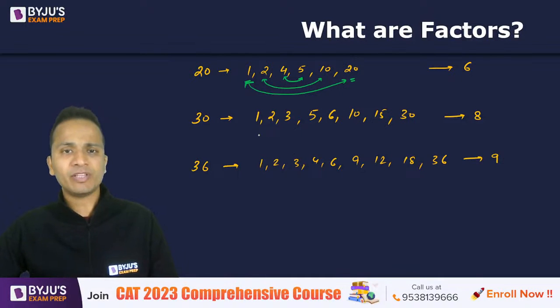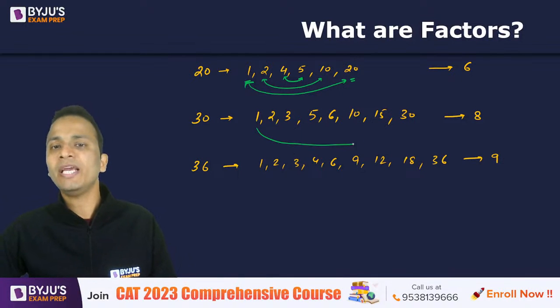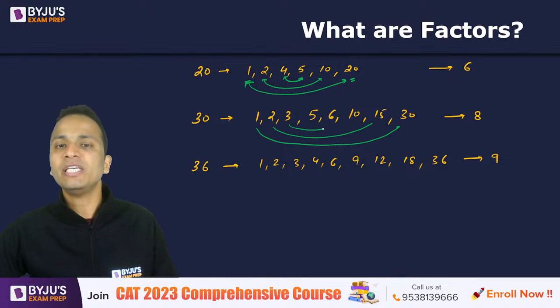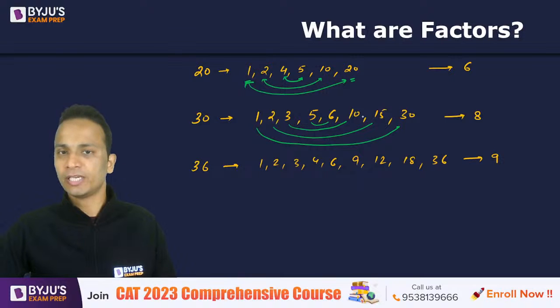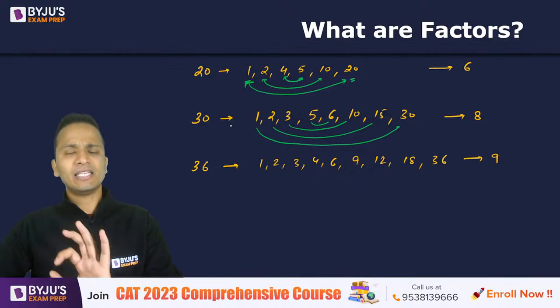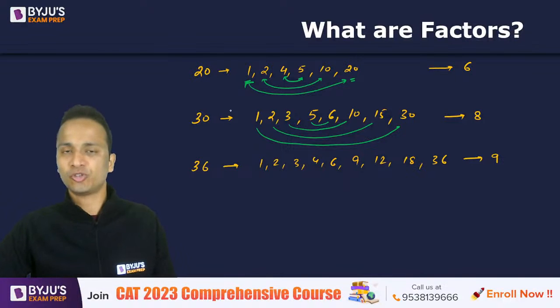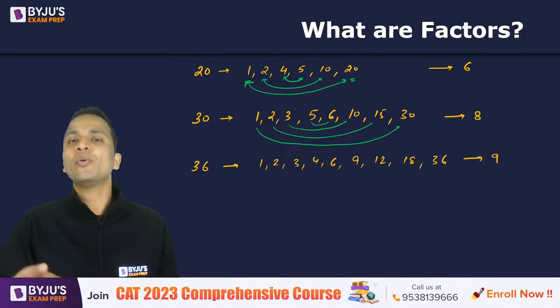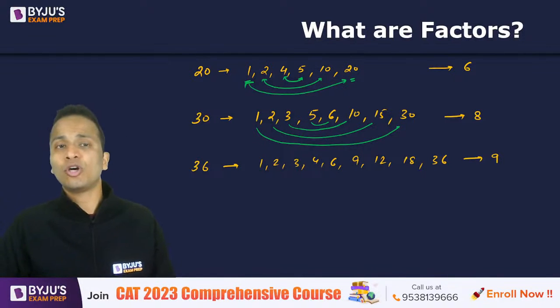The same thing will happen with 30. As you can see, 1 into 30 is 30, then 2 into 15, 3 into 10, 5 into 6. For these two numbers 20 and 30, this is true. This particular property will also help you in writing all the factors of any number.